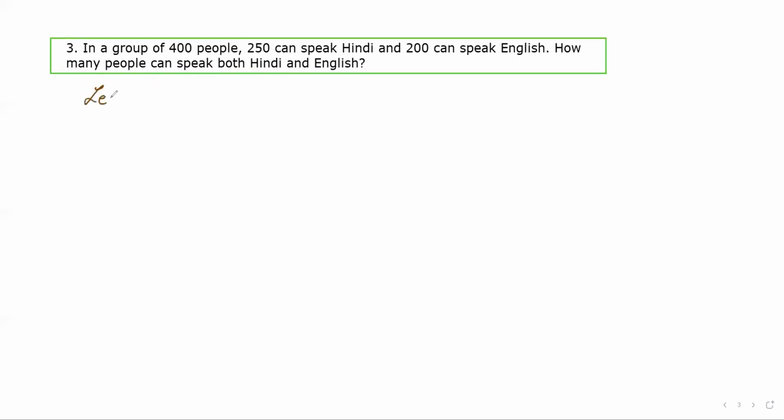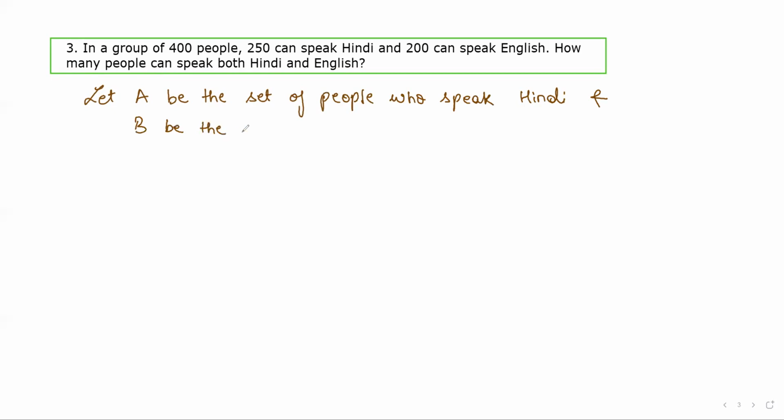So what you'll do is let A be the set of people who speak Hindi, and B be the set of people who speak English.